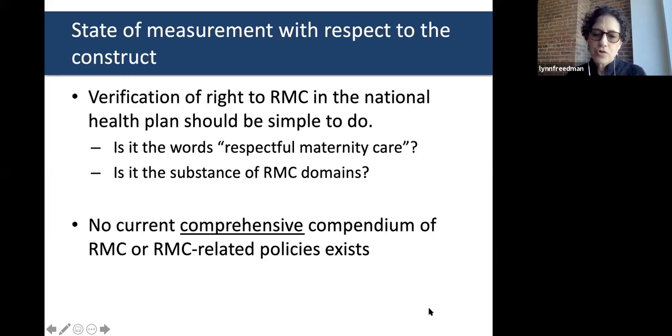To my knowledge, there's no current comprehensive compendium of RMC or RMC-related policies. Nevertheless, this would not be that difficult to measure in any given country.